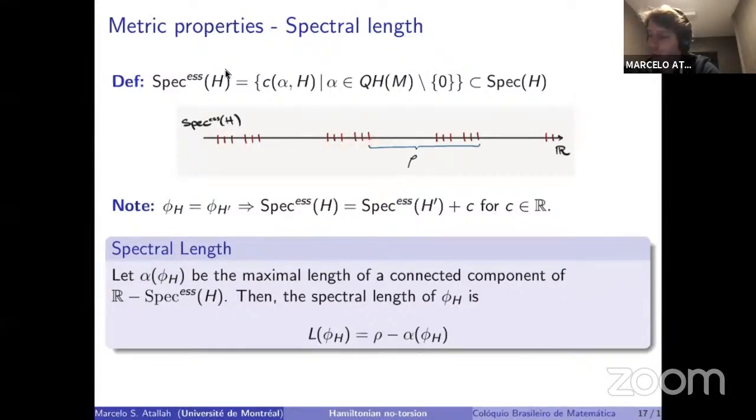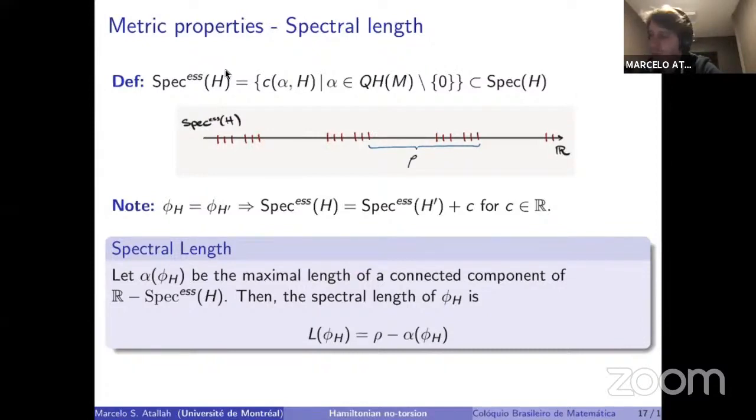So how do we formally define it? We first find the maximal length of a connected component of the real line once we remove the essential spectrum. In the case of what's illustrated here, that will be the length of this connected component, which of course is the same as this because of the periodicity, and remove that from rho.